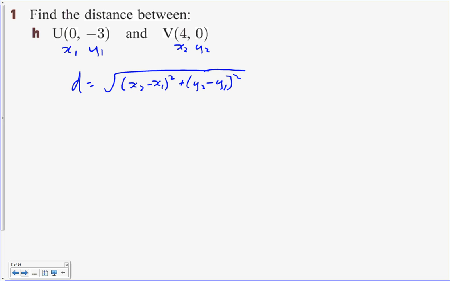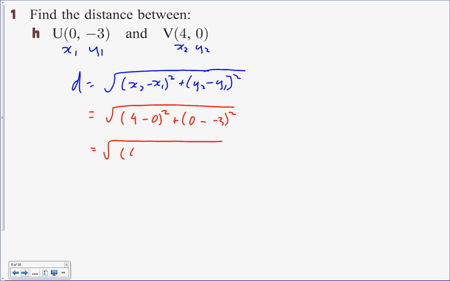Substitute in our values. x2 is going to be 4 take 0 squared plus y2 is going to be 0 take -3 all squared, equals square root 4 squared plus 0 take -3, so that's going to be plus 3, so it's going to be 3 squared, so equals square root 16 plus 9 equals square root 25, so equals 5 units.